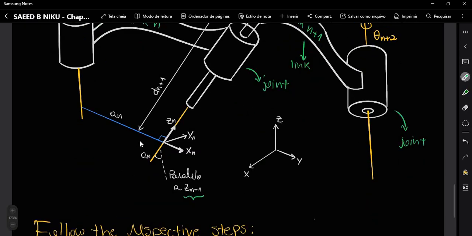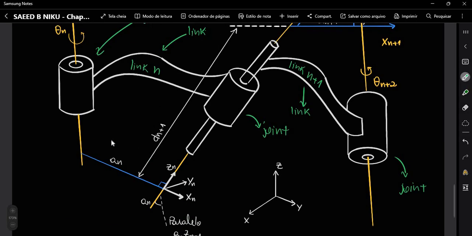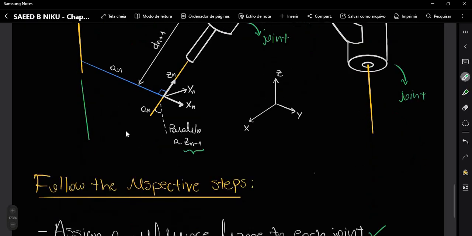So this is the distance between this axis and this axis. So it's the perpendicular between these axes.